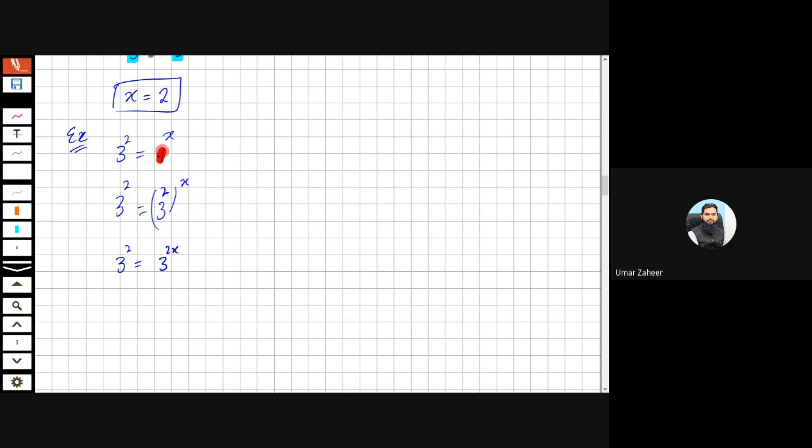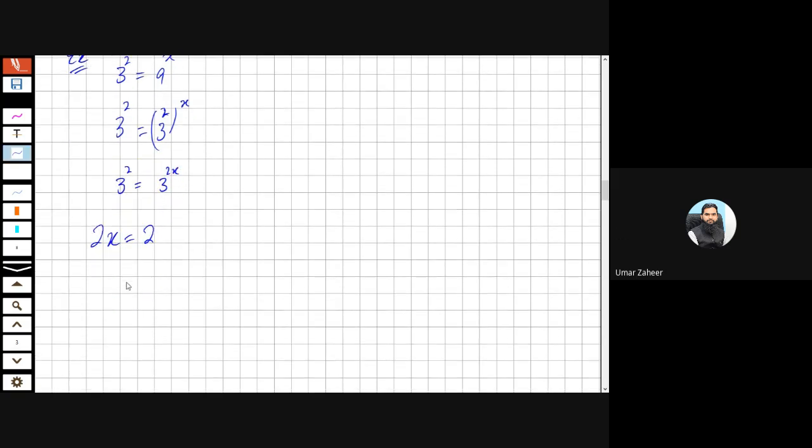I just write 9 as 3 square and x as it is. The power on the power is multiplying, so you will get 2x. Now the bases are the same, we can compare the powers. You will get 2x is equal to 2. From here, x is equal to 2 divided by 2, so your final answer is 1.